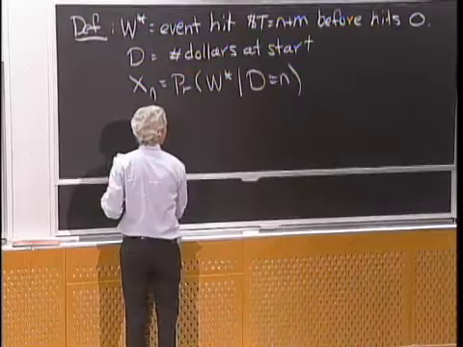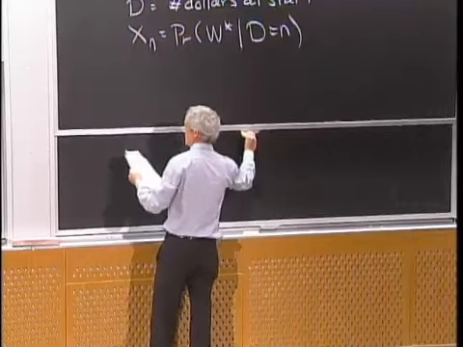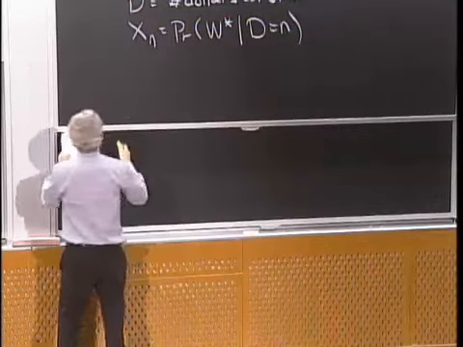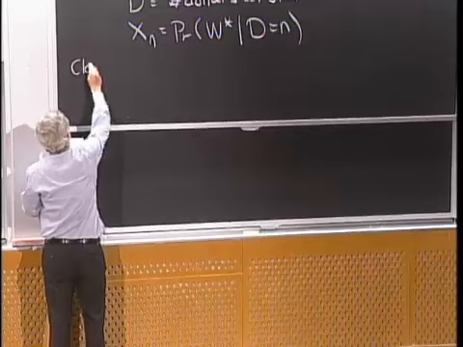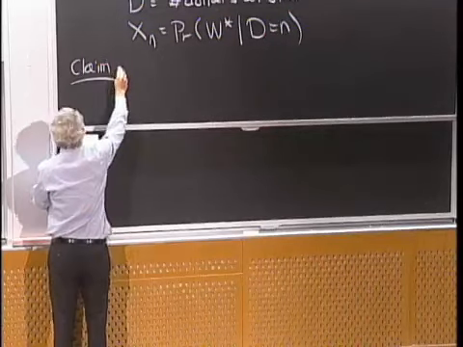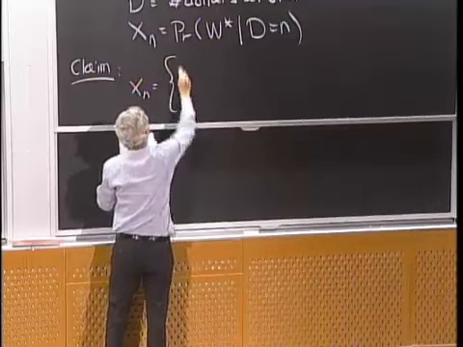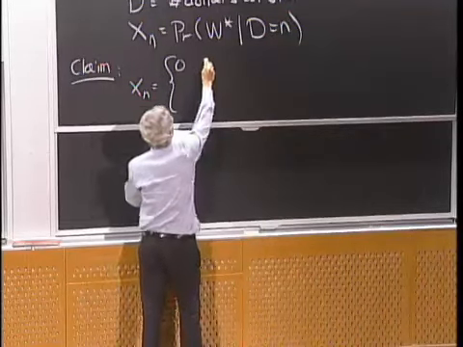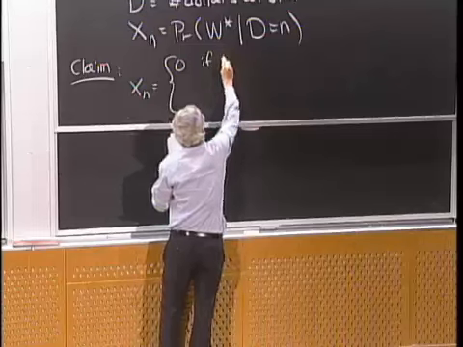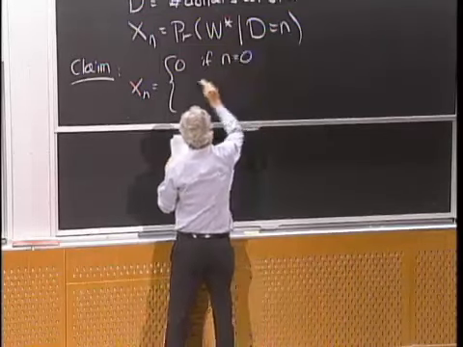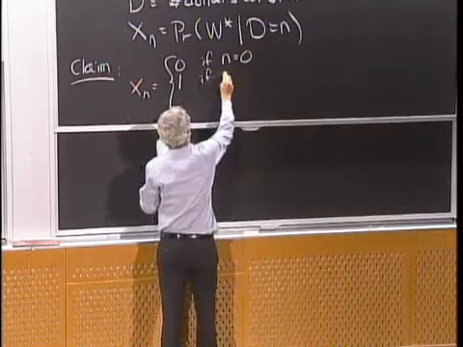Now, I'm going to tell you what the recurrence is and then prove that that's right. So I claim that xn is 0 probability if we start with $0. It's 1 if we start with $t.